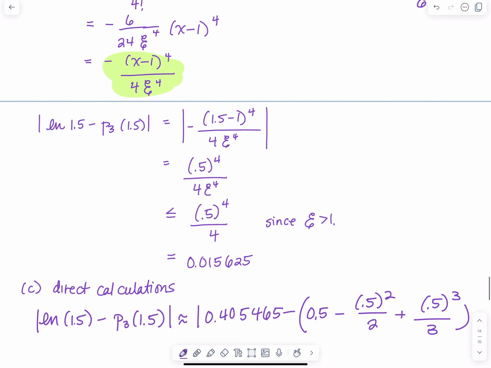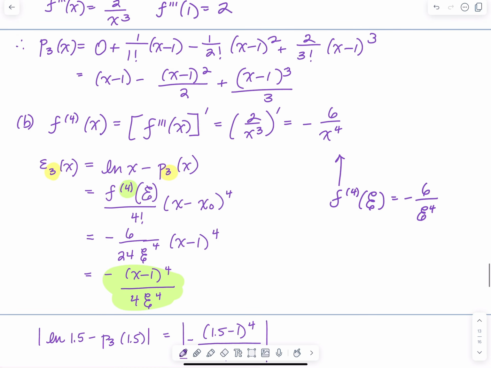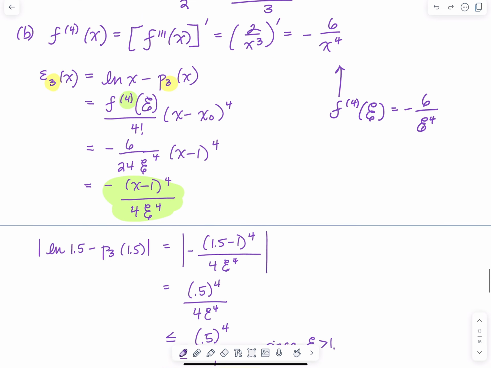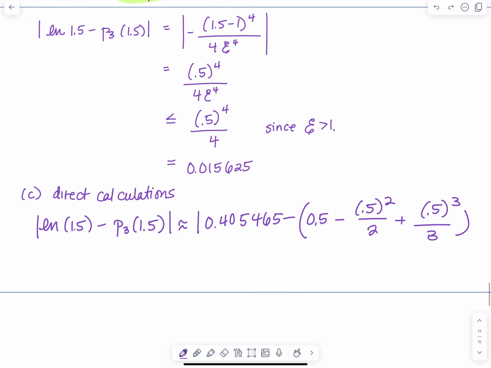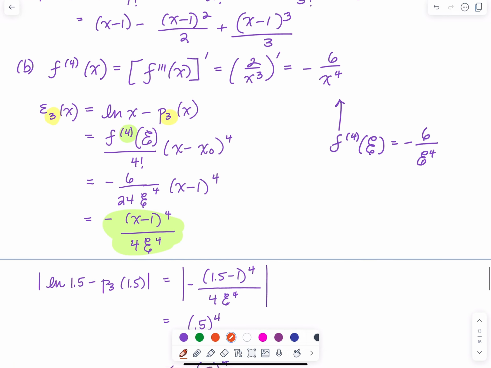Now, as you can see here, in our third degree Taylor polynomial, we subtract 1 from 1.5. So I will just go ahead and write that in here. So this is 1.5 minus 1, because that was x minus 1.